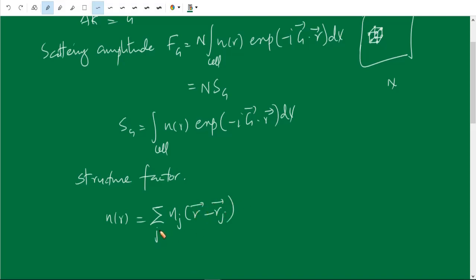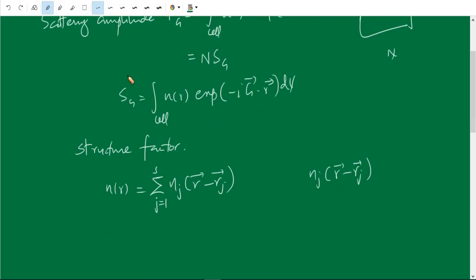Okay, we consider jth atom, that is the electron density Nj of r minus rj is the electron density contribution from jth atom in the cell. So if there are s number of atoms in a given unit cell, this summation is from j is equal to 1 to s. So the electron density of atoms at a given position r is given by summation of electron density of all atoms.